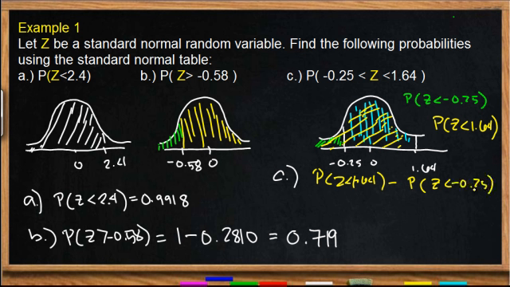So we look for the probability that z is less than 1.64.